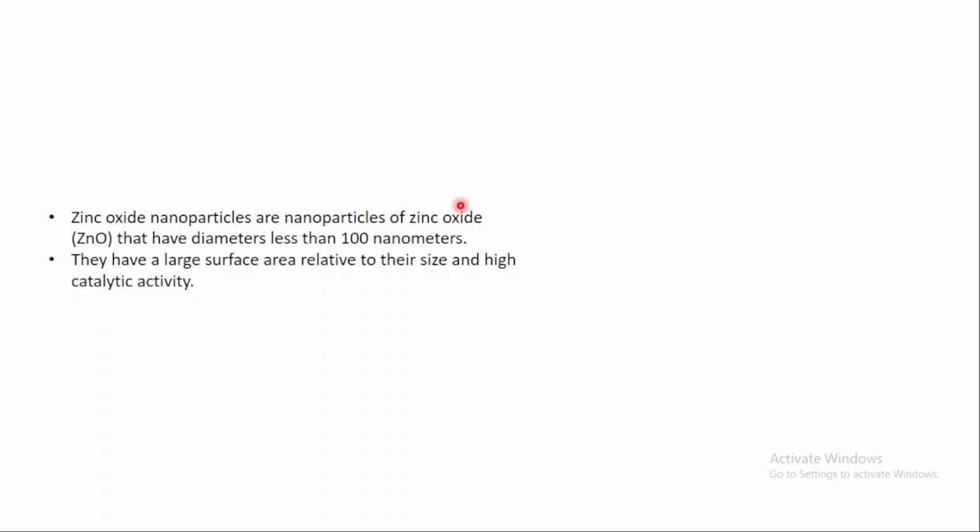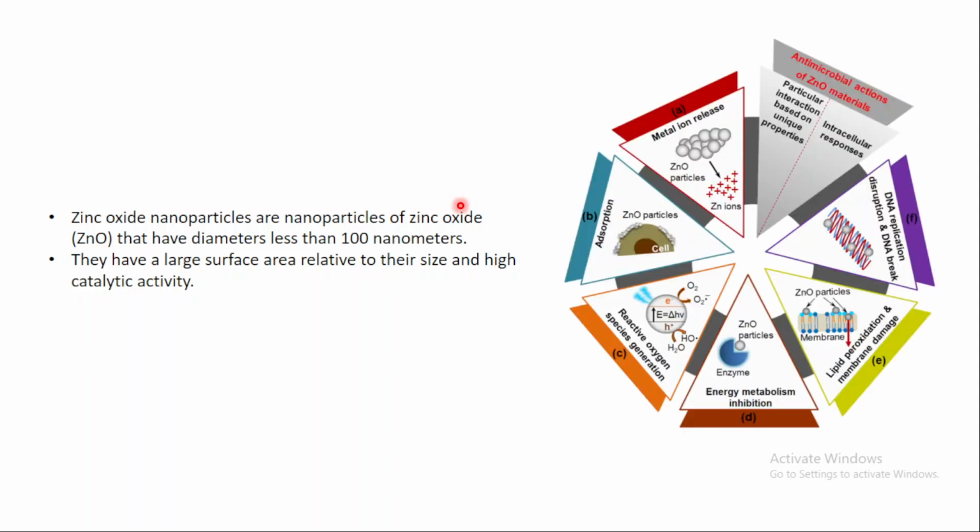The surface area is much higher, which also increases their catalytic activity, because the catalyst needs accessible surface for catalyzing any chemical reaction, for binding the reactants and turning them into the products, or catalyzing any other step. And these are some uses or properties of zinc oxide nanoparticles, which I've mentioned in a pinwheel diagram.